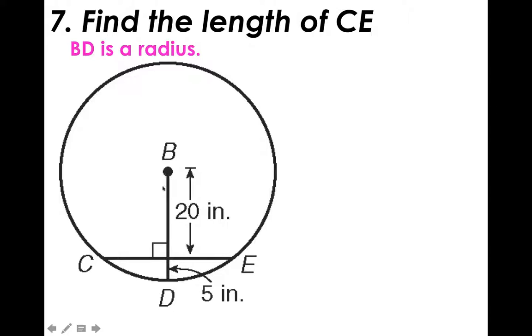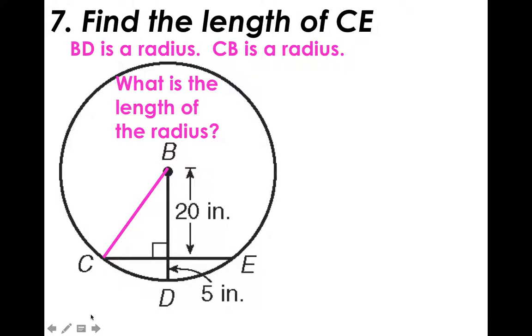Well, not only is BD a radius, CB is also a radius. And if I drew a line from here to E, BE will also be a radius, if you wanted to add it in. Well, now we need to know what is the length of the radius.